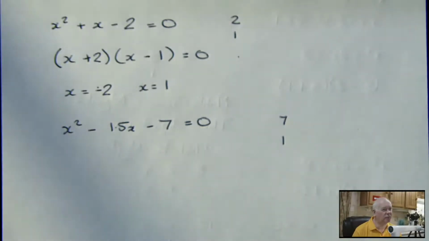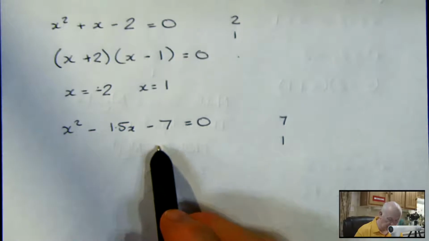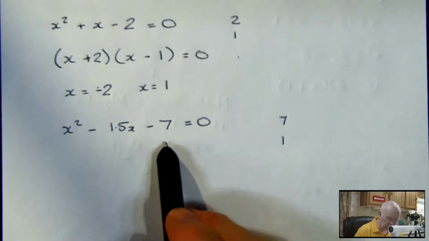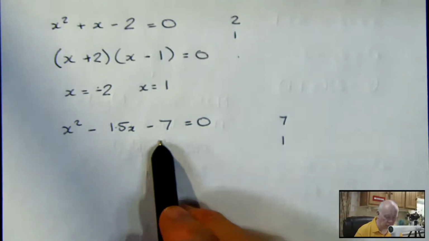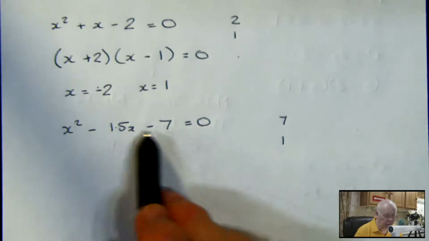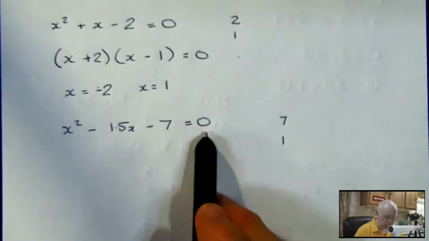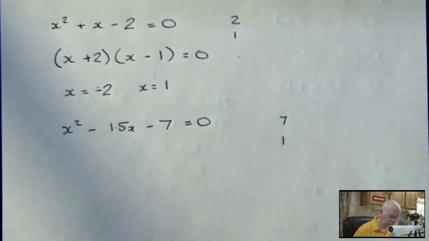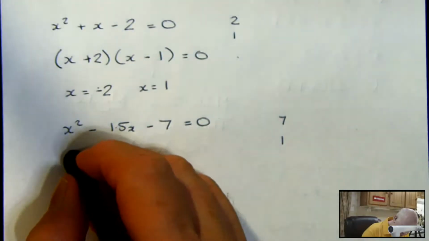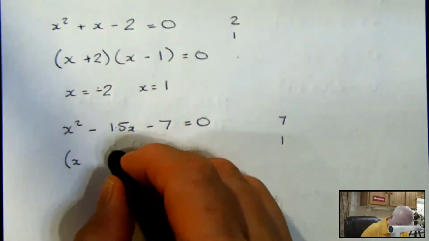Means I'm struggling a little bit. And what we can do to solve this is we could use either a little bit of logic, or we could use a formula. I'm going to try a little bit of logic on this and see what we can do.